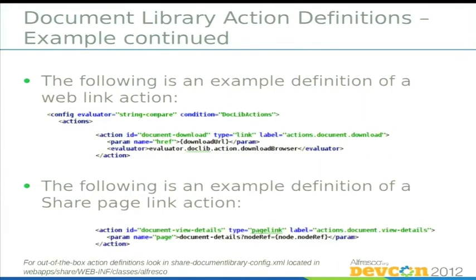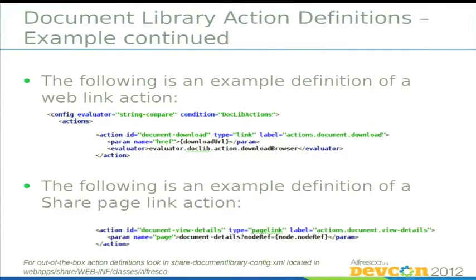Now, how do these other types of action definitions look like? Okay, a link can be like this, so it's quite simple. Just put the type as link, and then there's an href parameter where you put the URL. In this case, it's going to pick up the URL from, if you look in actions.js, which has all the JavaScript actions defined, there's a lot of variables there that are defined and available.